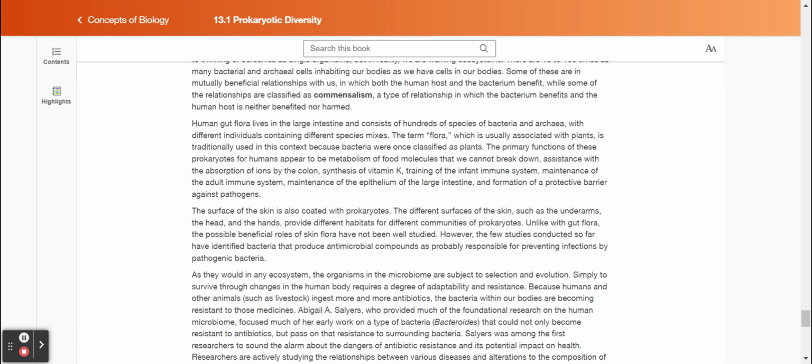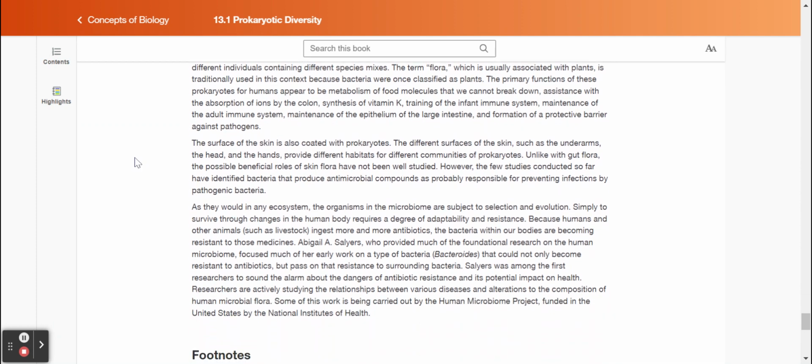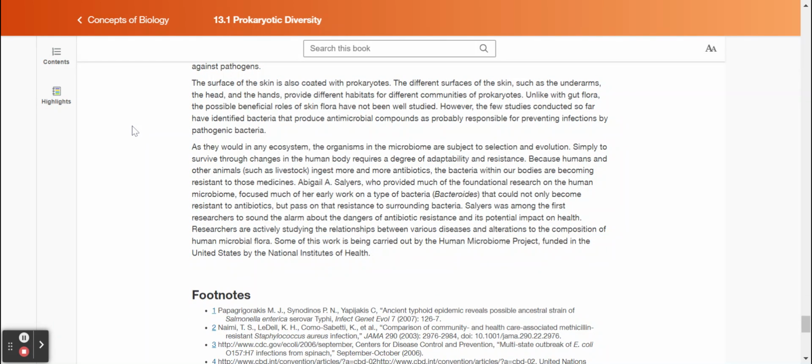The primary functions of these prokaryotes for humans appear to be metabolism of food molecules that we cannot break down, assistance with the absorption of ions by the colon, synthesis of vitamin K, training of the infant immune system, maintenance of the adult immune system, maintenance of the epithelium of the large intestine, and formation of a protective barrier against pathogens. The surface of the skin is also coated with prokaryotes.